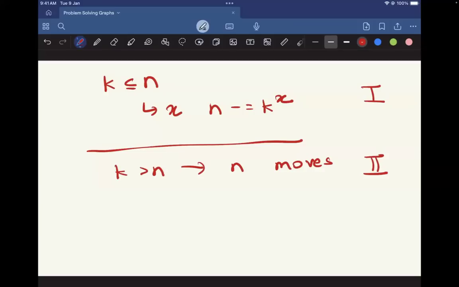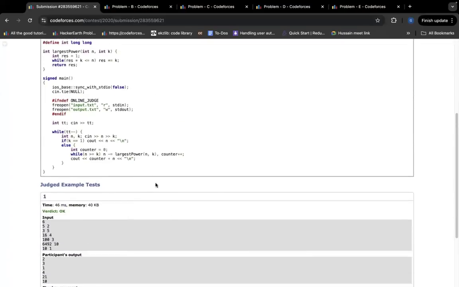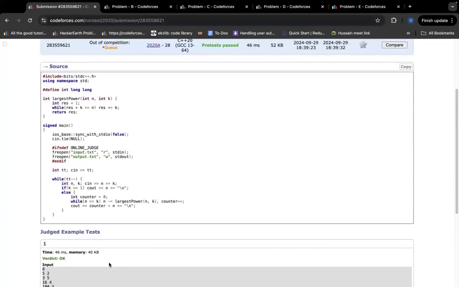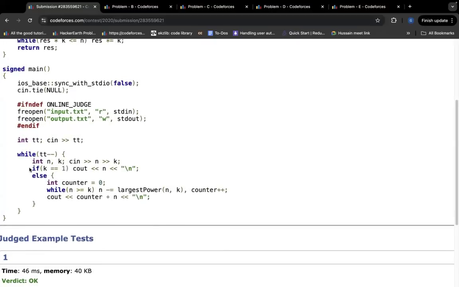Yes. So let me just show you all the solution. All right. This is the only thing that was required to compute. So when k is equal to 1, we can print out n. Okay. This is the first case because 1 raised to anything is 1.